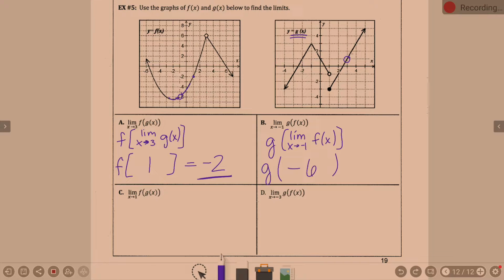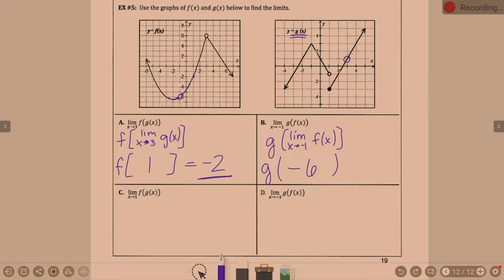I agree, negative 6. And then g of negative 6. Negative 7. I'm saying negative 7. I have negative 7 down.